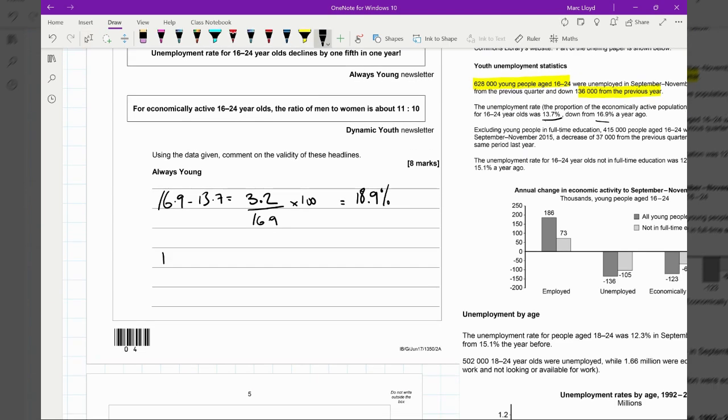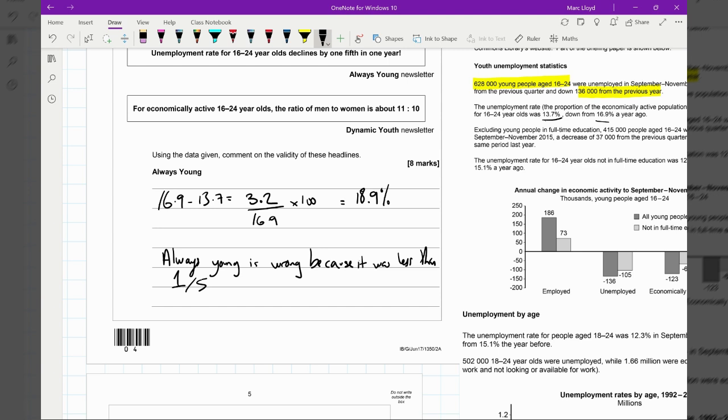And then I can say the first headline is wrong because it was less than 1/5. Okay, happy with that.